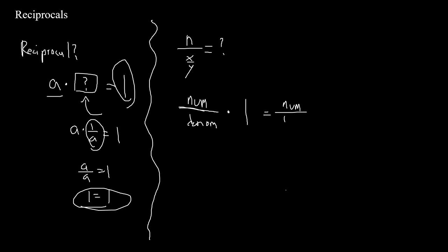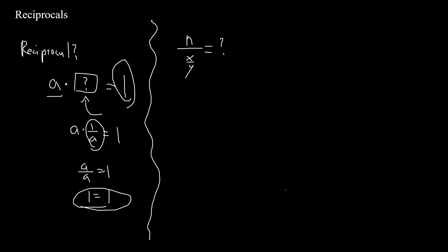And there are a lot of ways to express 1. Let's say we have x over x. If we multiply the numerator and denominator by the same number, then the numbers are just going to cancel out, and you're still going to have the same value. So that's why we can multiply by a fraction.